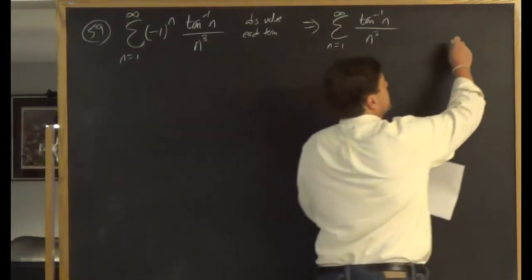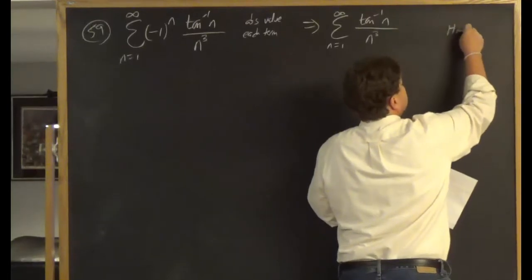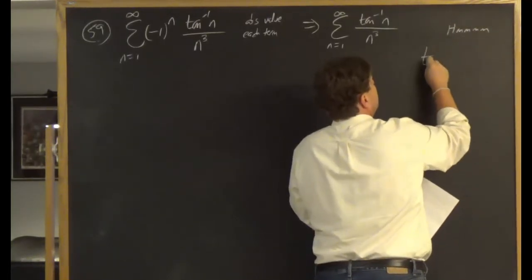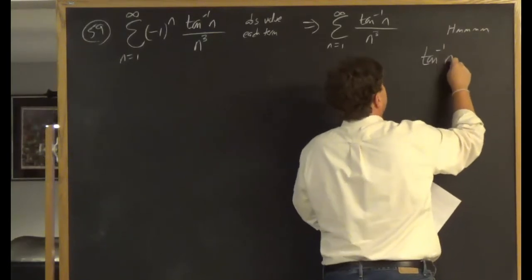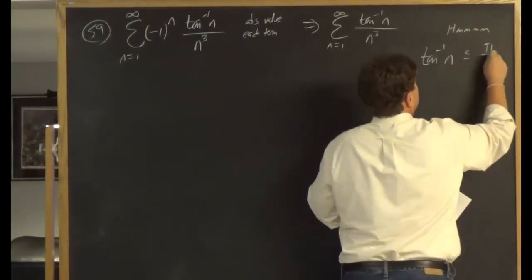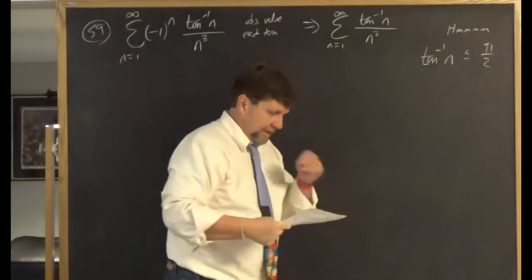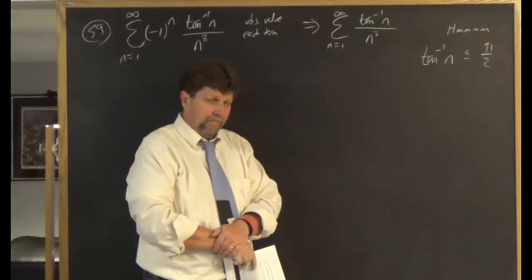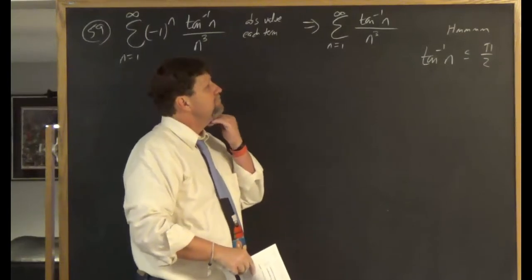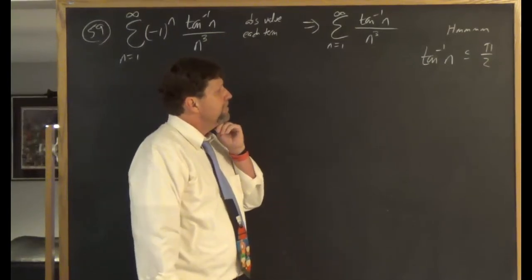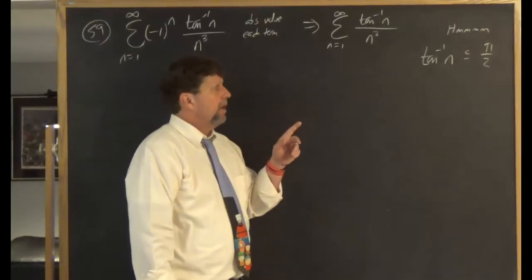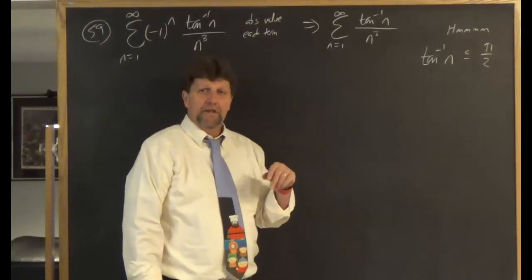So that tells me that inverse tangent of n is less than or equal to pi over 2. I could divide both sides of that inequality by n cubed.